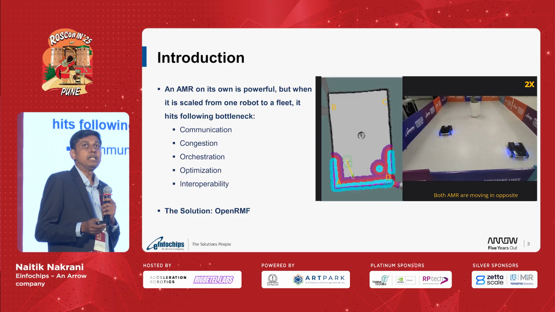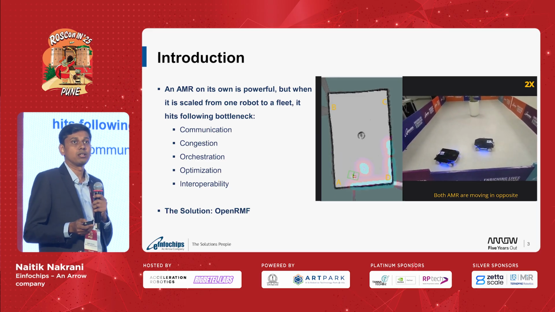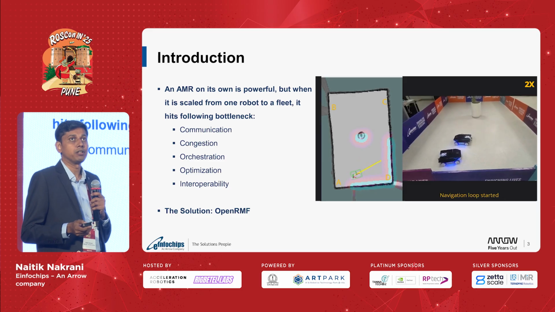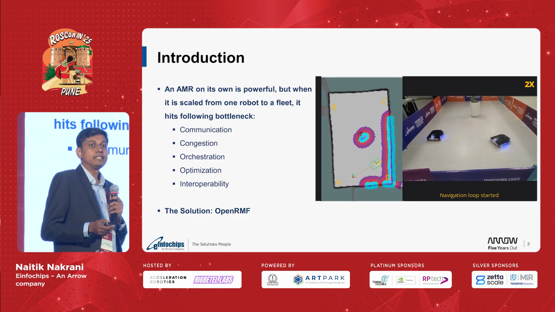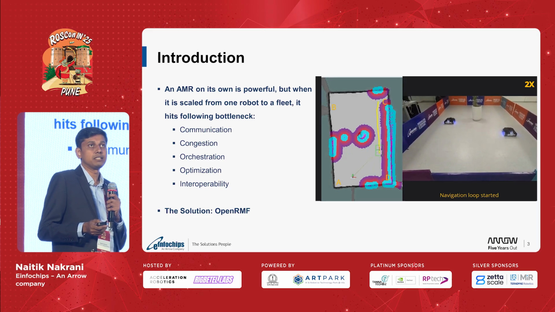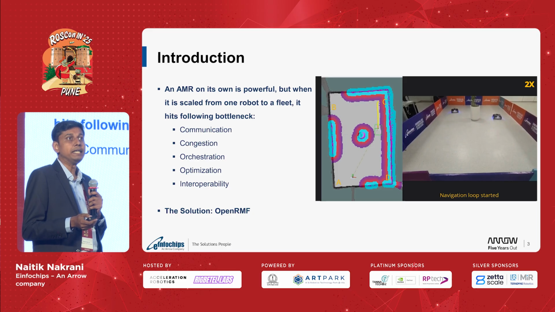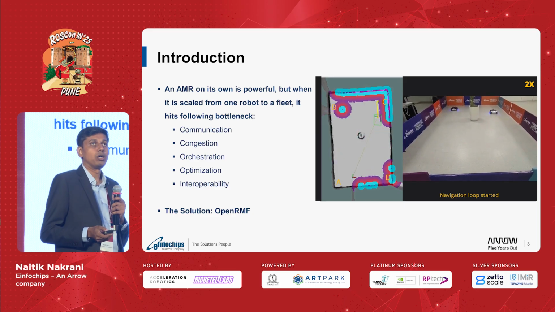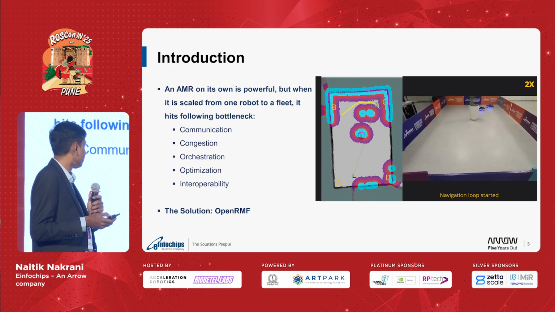So what essentially is required in order to create a smoother, smarter, and safer navigation stack? Clearly, you can see there is a lack of communication between robots. This is about peer-to-peer communication, and I think we need tools like Zenoh, which comes in handy to enable peer-to-peer communication.